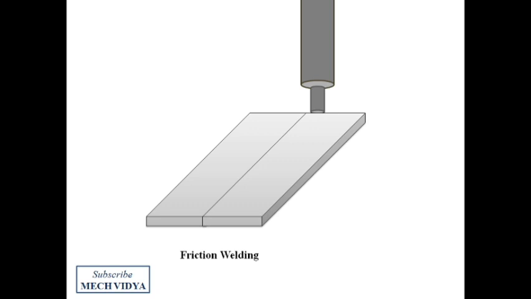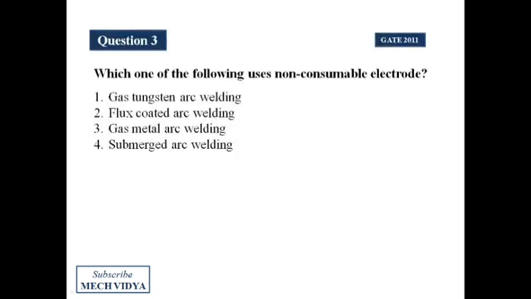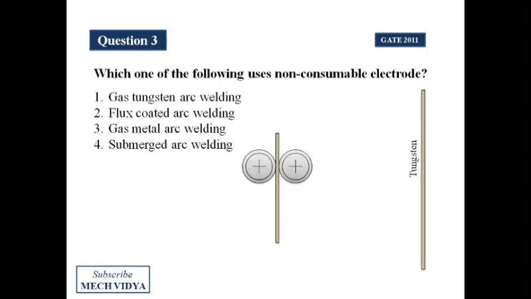Okay, in the next question they are asking which of the following uses a non-consumable electrode. Okay, if we take the example of the first one, in tungsten arc welding we use an electrode which is made up of tungsten. Now tungsten being a very hard metal, it doesn't melt and it will not get deposited on the weld pool. So the correct option is gas tungsten arc welding.